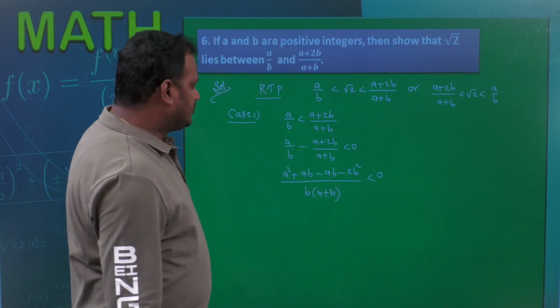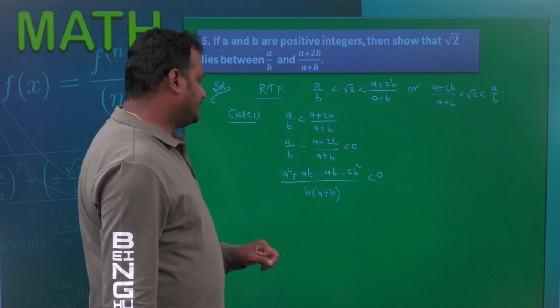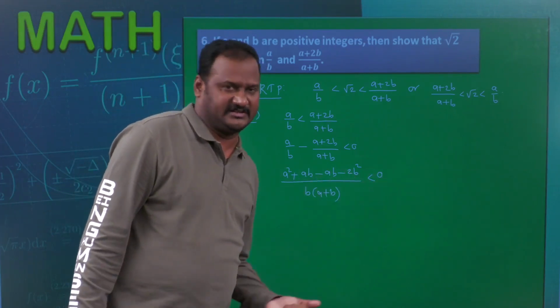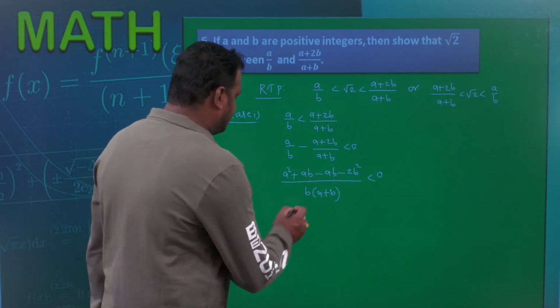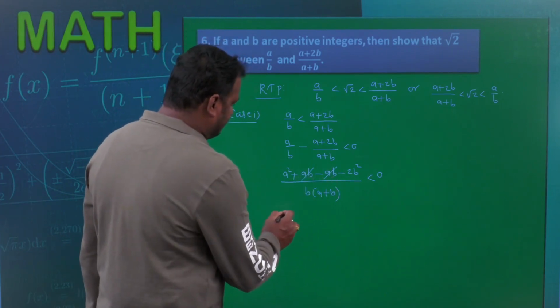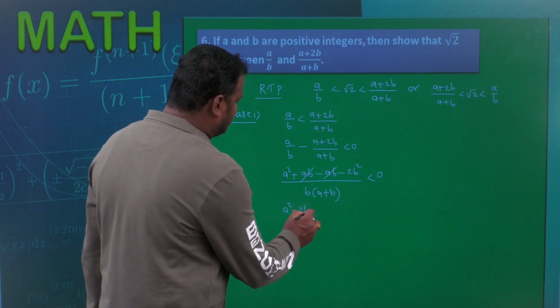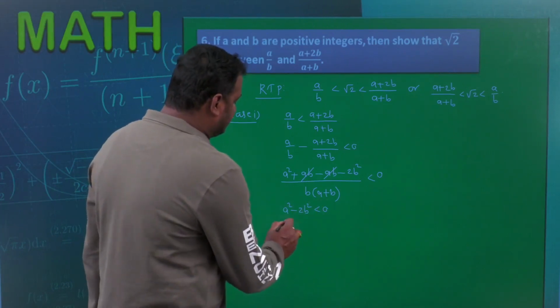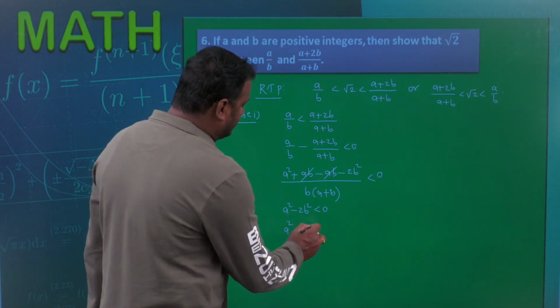Right? When it is less than 0, the numerator must be less than 0. Here minus plus cancel, so a square minus 2b square is less than 0, which means a square is less than 2b square.